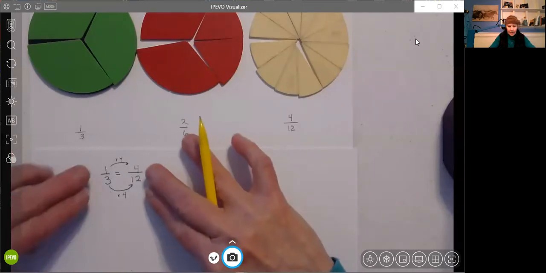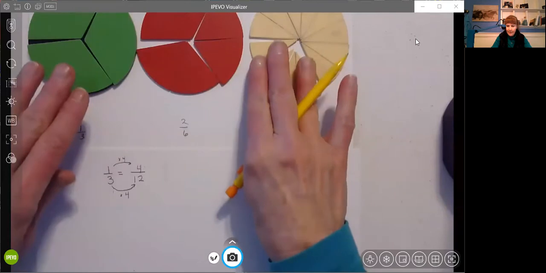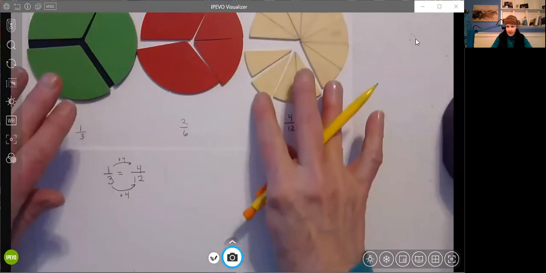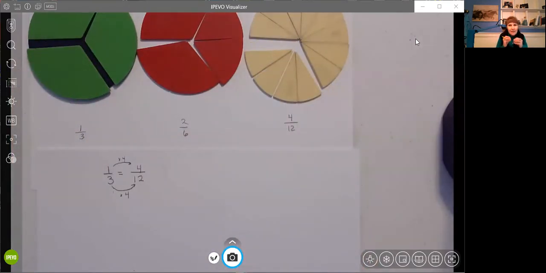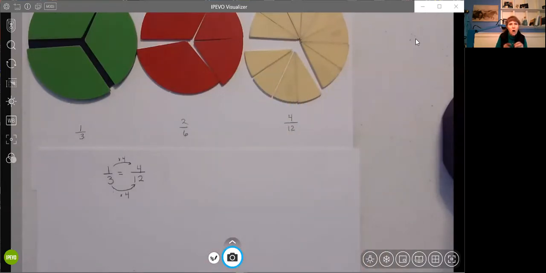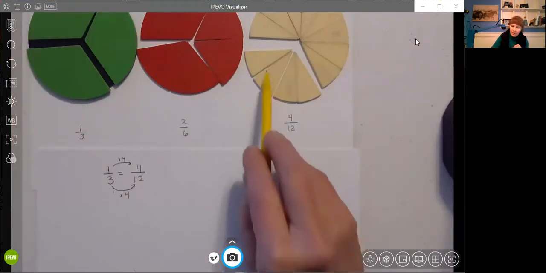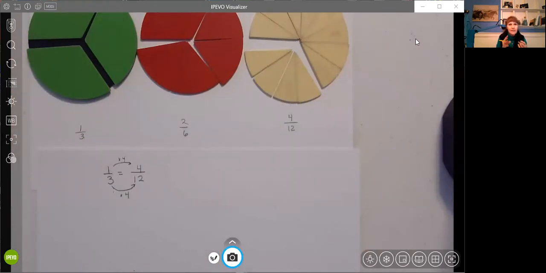So I have created two equivalent fractions. They represent the same amount, but the pieces themselves are different sizes. These little pieces that make up that are different sizes. This only took 1 and this one took 4, but they represent the same amount. These are called equivalent fractions.